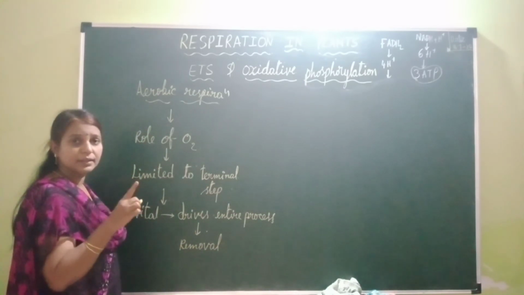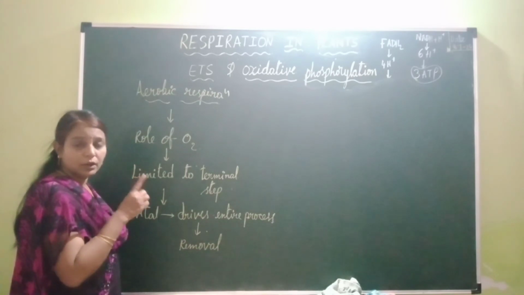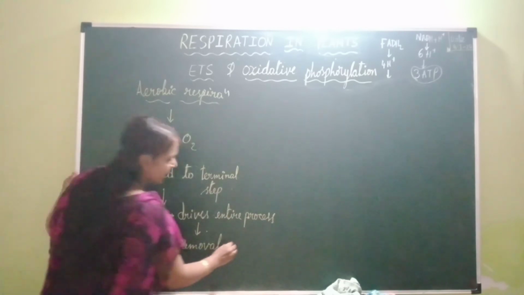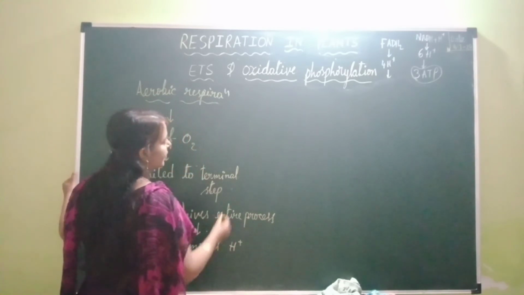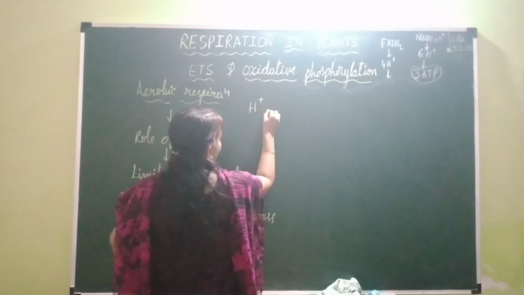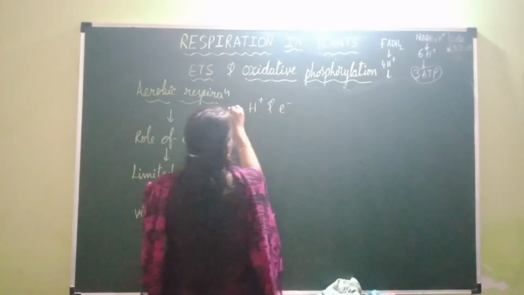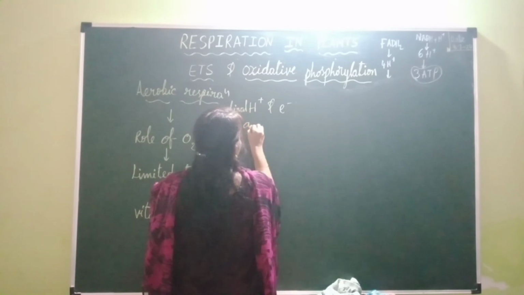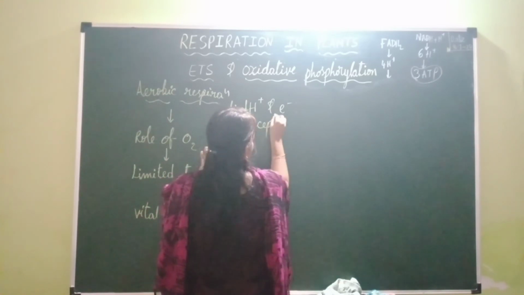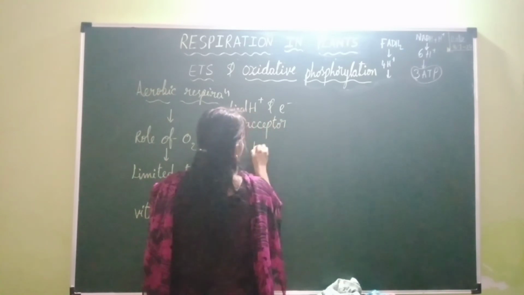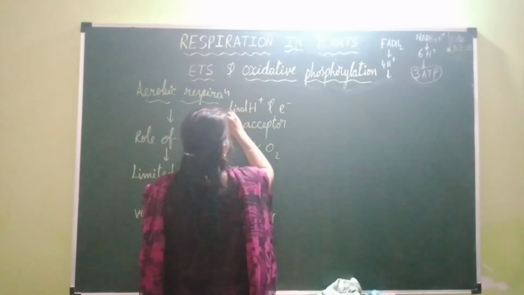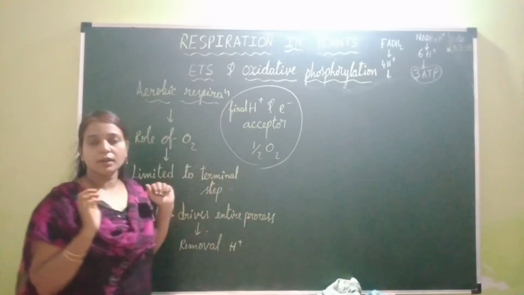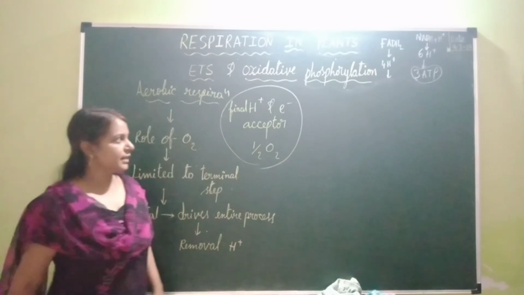Finally the electrons which are coming from the oxidation of NADH2 and FADH2 are reaching oxygen. So the final proton and electron acceptor is oxygen, that is molecular oxygen, half O2. So the presence of this oxygen is vital for the process of aerobic respiration.